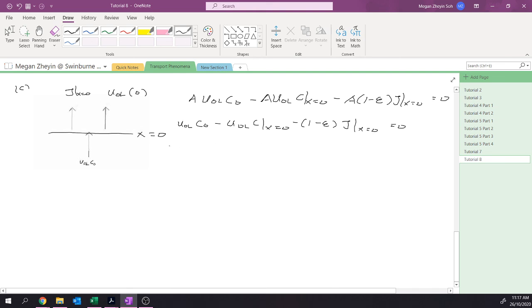So we move this over to the right hand side. uol C at x equals to 0 minus 1 minus epsilon dE dC over dx at x equals to 0.